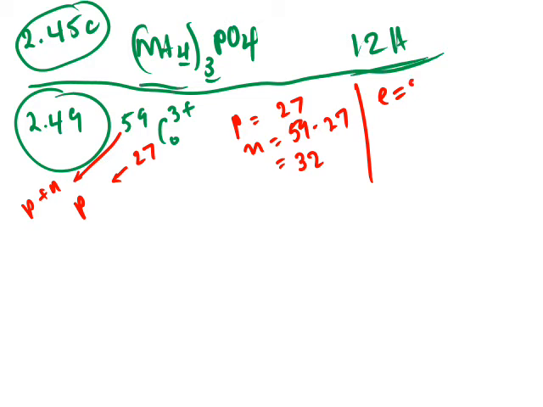It'd be 27 electrons. But I know that it's not neutral. It has 3 plus. Each time you remove an electron, which is a negative charge, you create one positive. So how many electrons have been removed? 3 electrons. By taking away 3 electrons, you get plus 3. And that means the answer to this question is 24 electrons. So 27 protons, 32 neutrons, and 24 electrons.